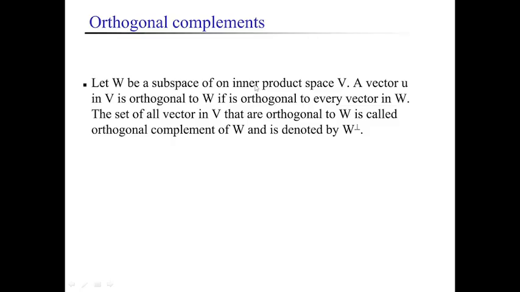Here W is a subspace of an inner product space V. A vector U in V is orthogonal to W if it is orthogonal to every vector in W. The set of all vectors in V that are orthogonal to W is called the orthogonal complement of W. So the orthogonal complement of W means each and every vector in it is orthogonal to the vectors in W. The orthogonal complement is denoted by the symbol W orthogonal complement.